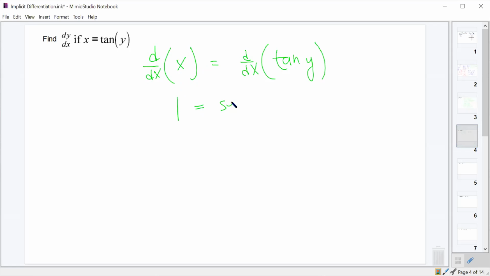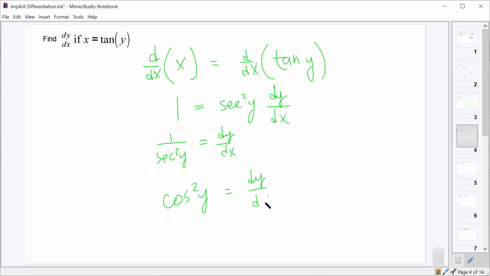Secant squared y. Did we take the derivative of a term with a y in it? Yes. So secant squared y dy dx. And so now we'll just divide: 1 over secant squared y equals dy dx. Or we could rewrite that as cosine squared y. Good, any questions on that?